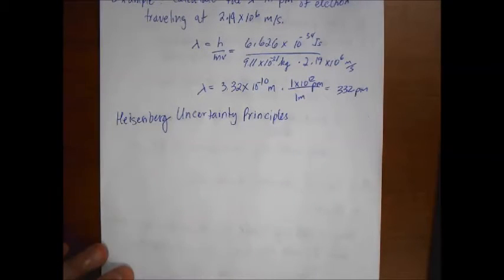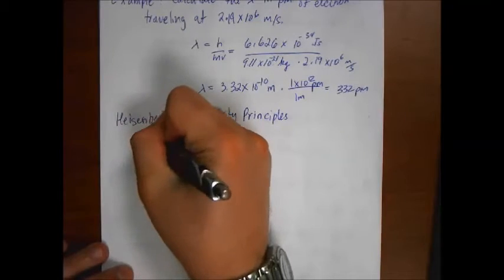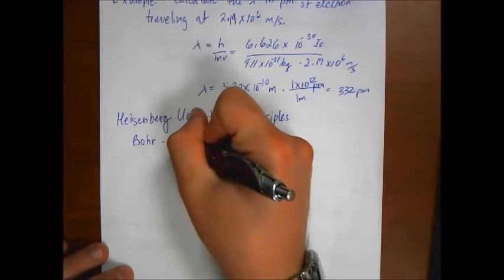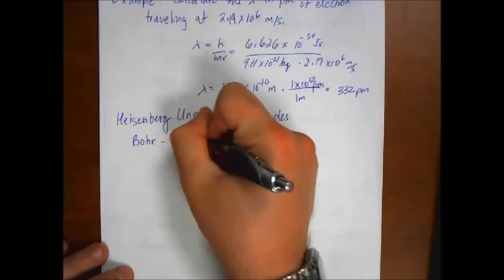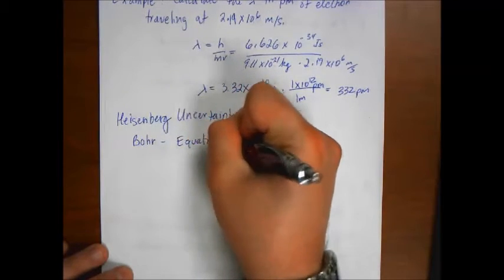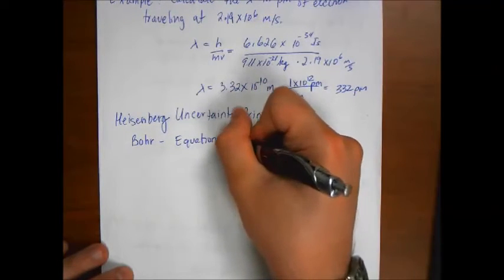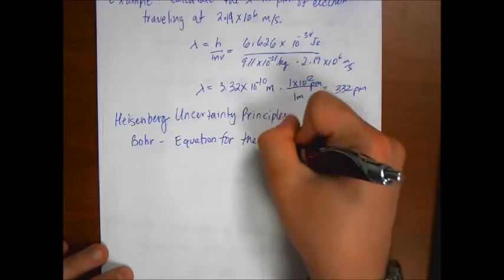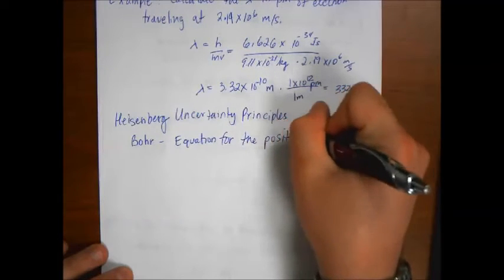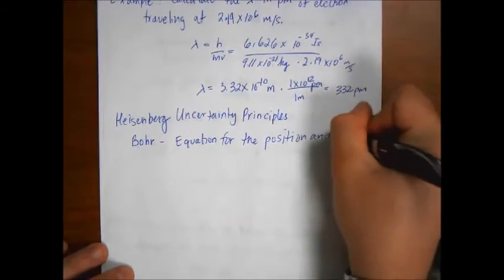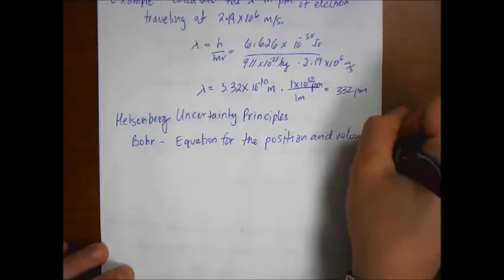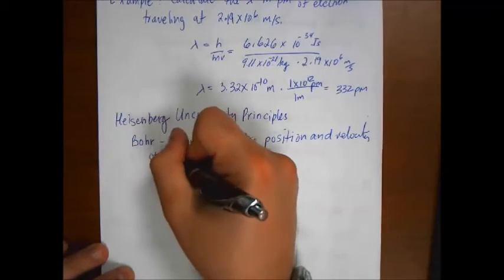So what Heisenberg said was that we should start with the Bohr model. What the Bohr model said was that you can get an equation, and you can solve this equation for both the position and the velocity of an electron.